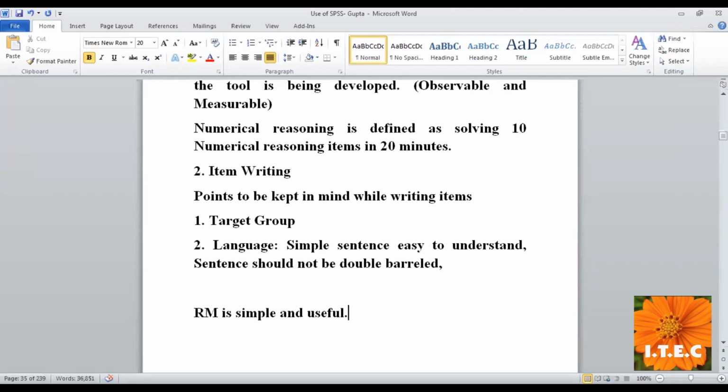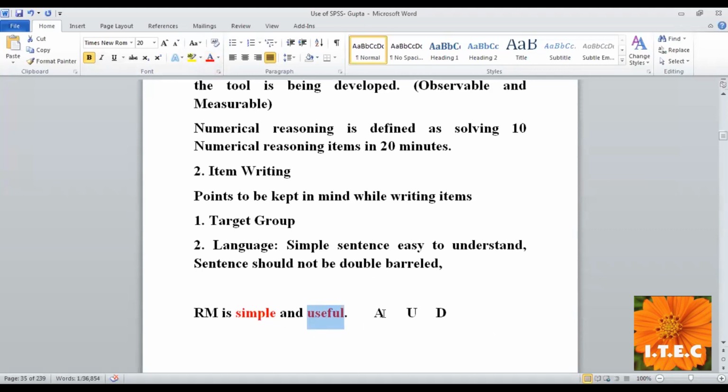Now here, when you say agree, and when you say undecided, and when you say disagree. Now here I have written the two, simple, and another I have written useful. Some of you may say that it is simple but not useful.